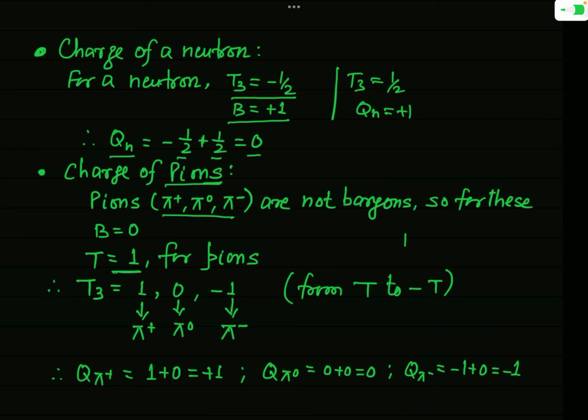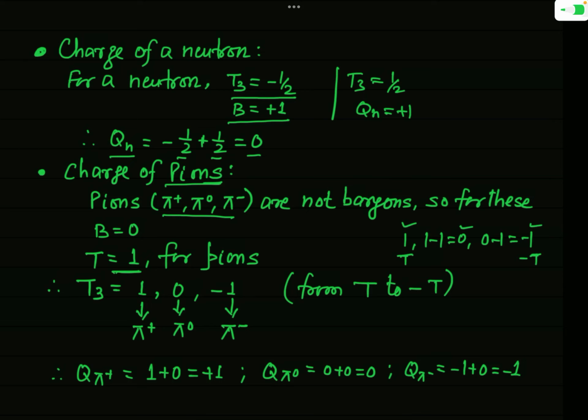One will be 1, another will be 1 minus 1, which is 0, and then 0 minus 1, that is minus 1. This is the value of T, and this is the value of minus T. As the value runs from T to minus T, T3 will be 1, 0 and minus 1. These 3 values of T3 represent the 3 charge states of the pion.